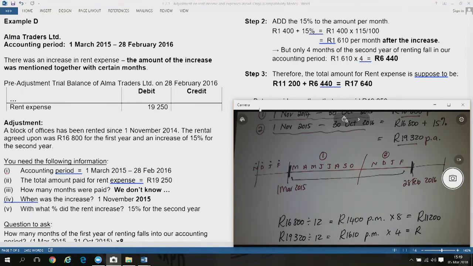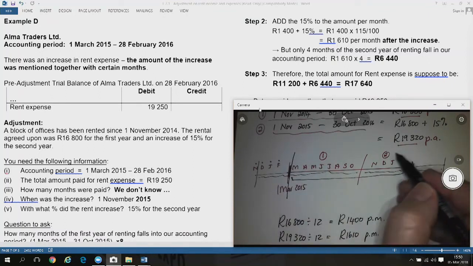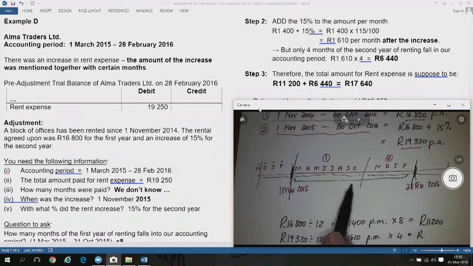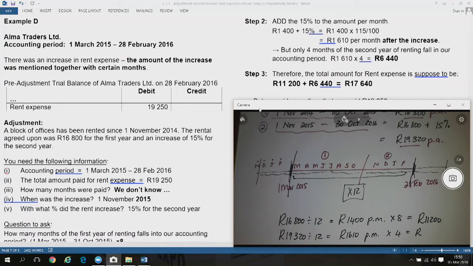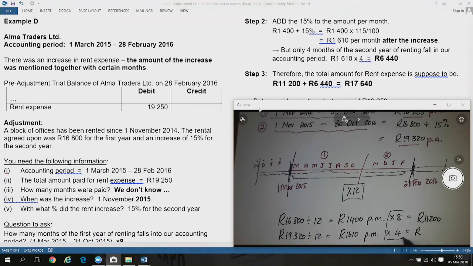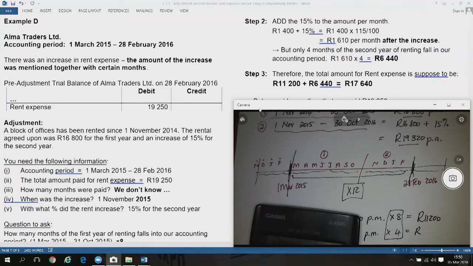So I want you to see that the rent agreement was from there to there, first year, and from there to there, but our accounting period is from there to there. So we must make sure that we've got 12 months that fall into our accounting period, and there's our 12 months. So 1610 times 4 gives us 6440.